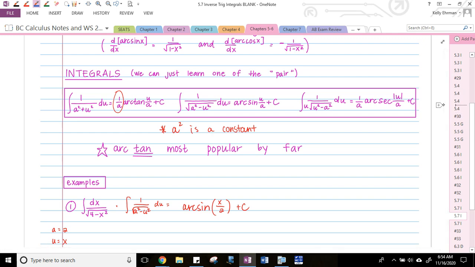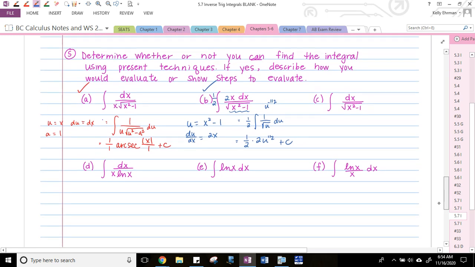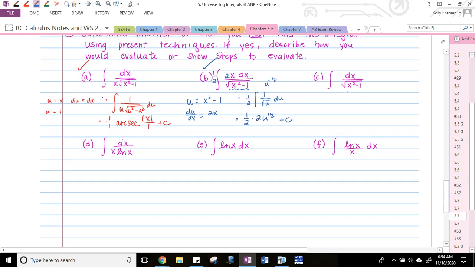We don't have a squared minus u squared. We have u squared minus a squared. And the problem with that is, sure, we could factor out a negative, but it would be a negative underneath a square root, and that's no good because that's imaginary. So this is not inverse trig.